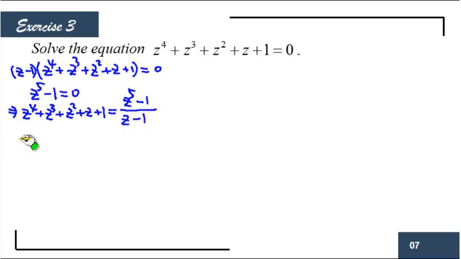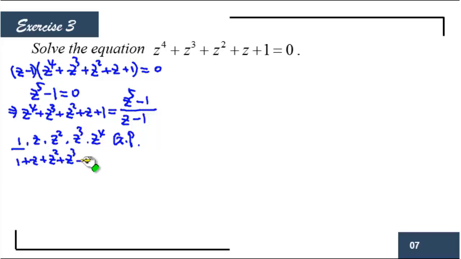And of course, you can see z squared, z cubed, z to the fourth power. And this sequence is a GP with the first term 1 and common ratio z. So 1 plus z plus z squared plus z cubed plus z to the fourth power means 1 minus z, and the numerator is 1 minus z to the fourth power times common ratio.